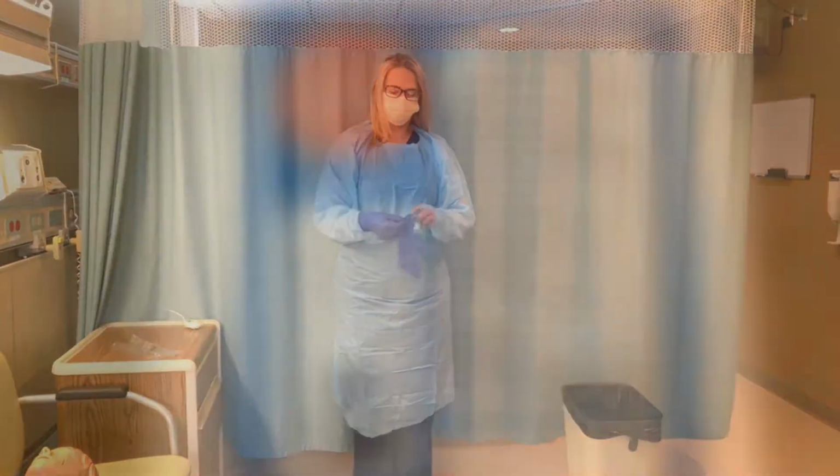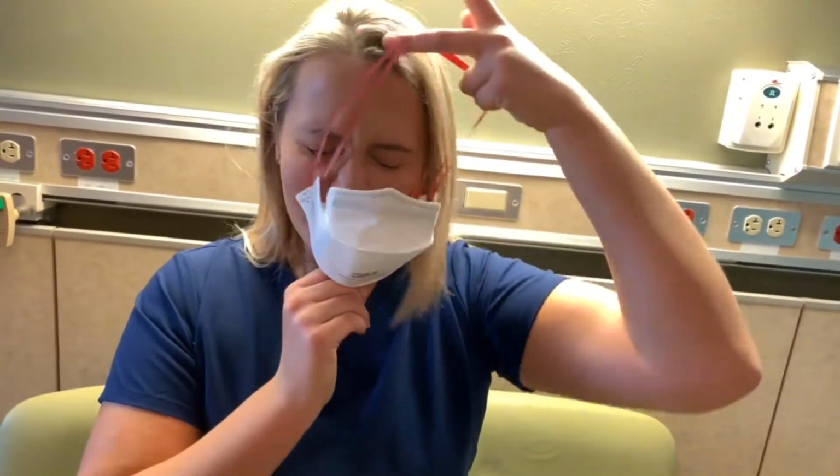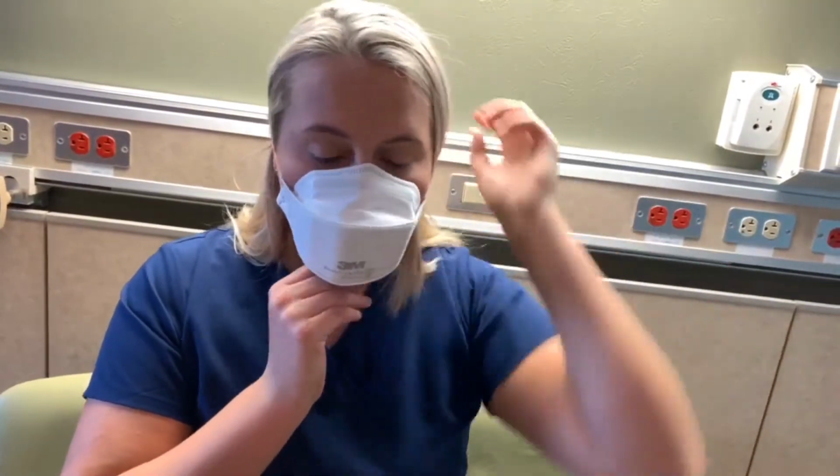Another precaution is airborne precautions, and you will see patients with tuberculosis or possible tuberculosis, and they will have these precautions. You have to wear a N95 mask for this patient. And then after patient contact, you have to sanitize your hands at least.